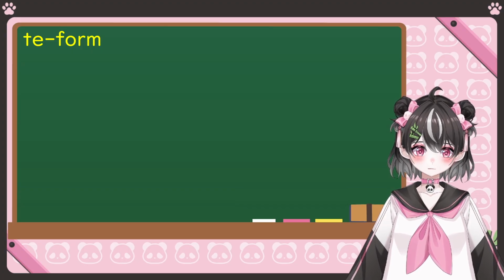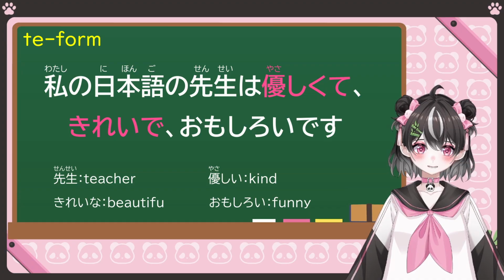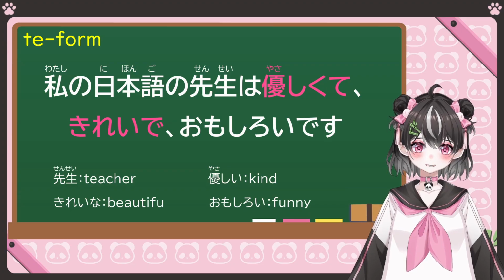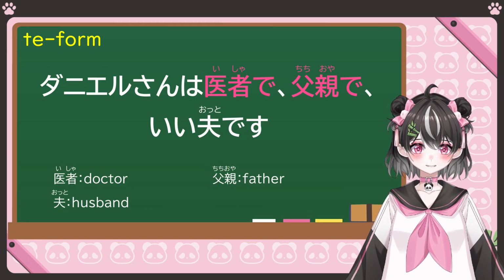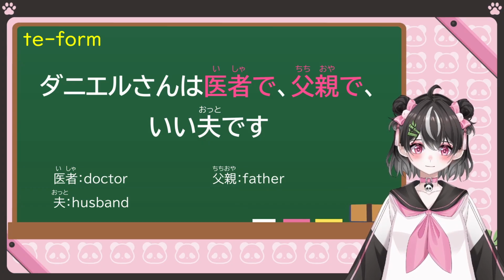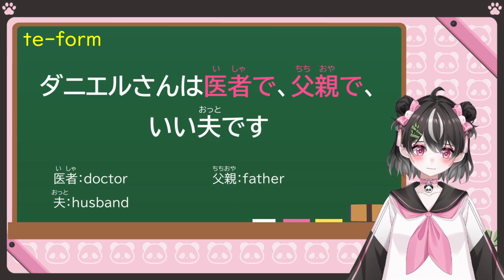Let's look at some examples. 私の日本語の先生は優しくてきれいで面白いです。ダニエルさんは医者で父親でいい夫です。Does the usage make sense?